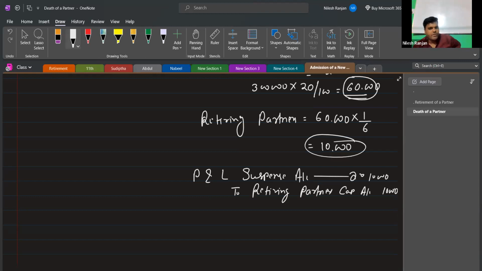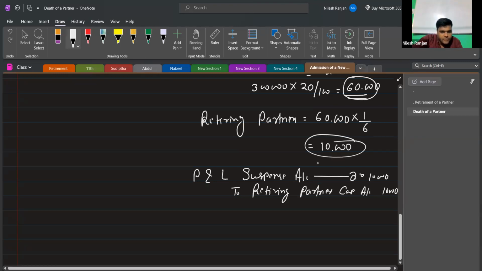One more situation arises here. The retiring partner is retiring from the firm, and the remaining partners' profit sharing ratio (PSR) is either the same or different.